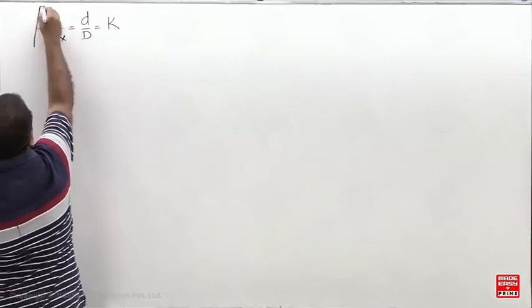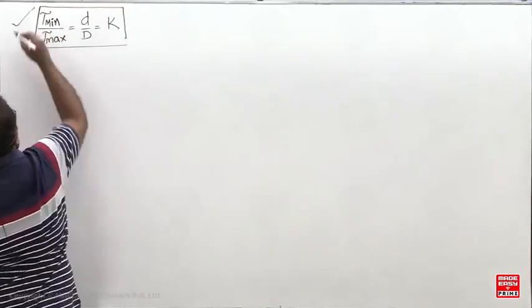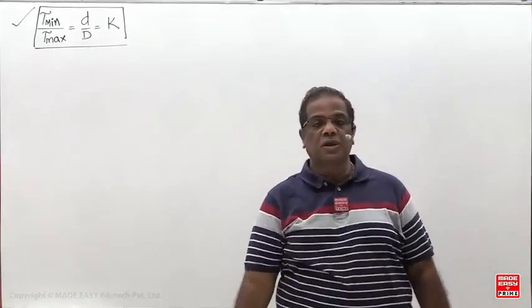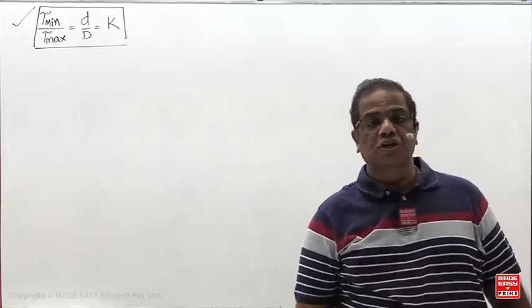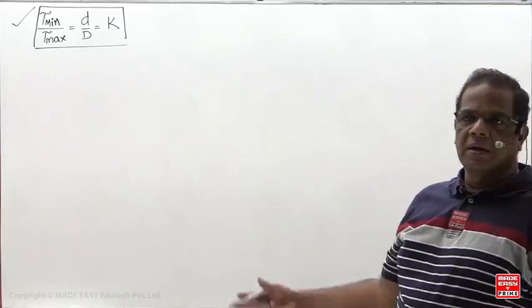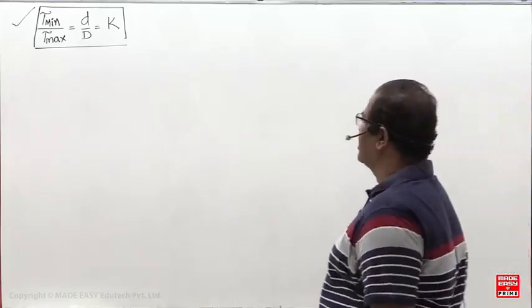Make a small correction now. The ratio of the minimum torsional shear stress to the maximum torsional shear stress is the diameter ratio, that is, inner diameter to outer diameter.